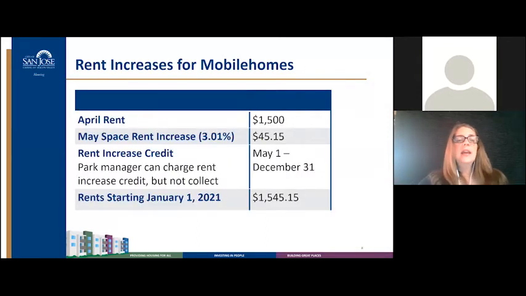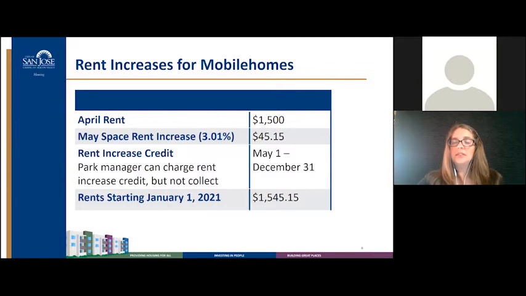So in this case, if a space rent for a mobile home is $1,500 and there was a proposed rent increase, which is 3% under the ordinance for May of $45.15, the park owner may actually include on the bill that's provided to the resident for space rent $1,500 and then an additional $45.15 for May, as long as it also has a credit for $45.15 for the month of May.